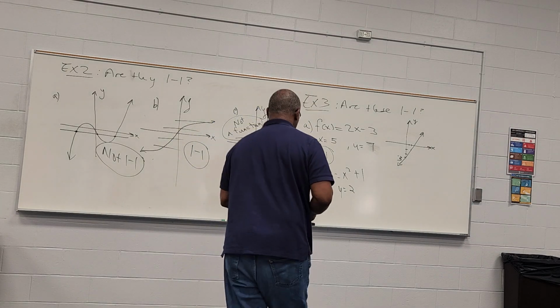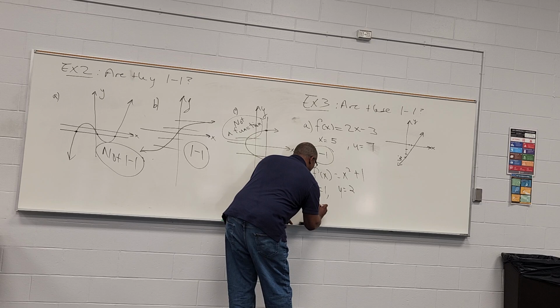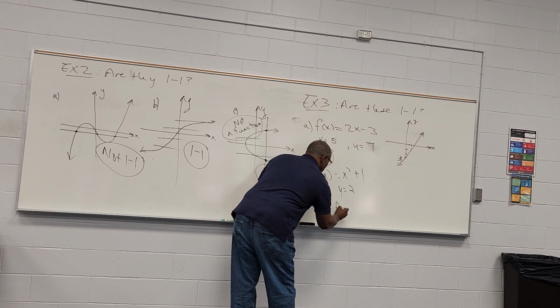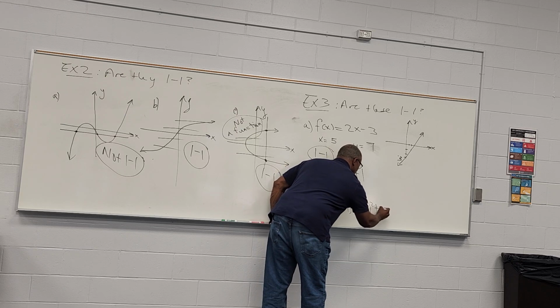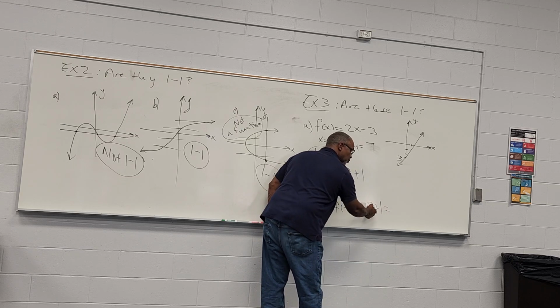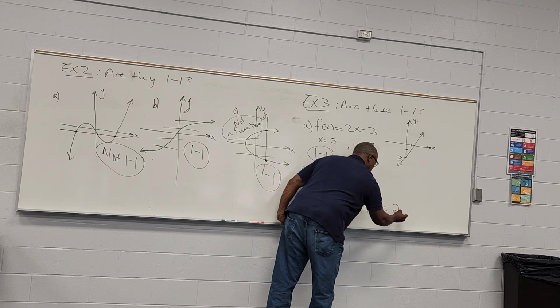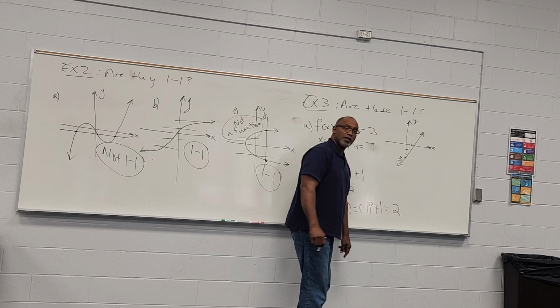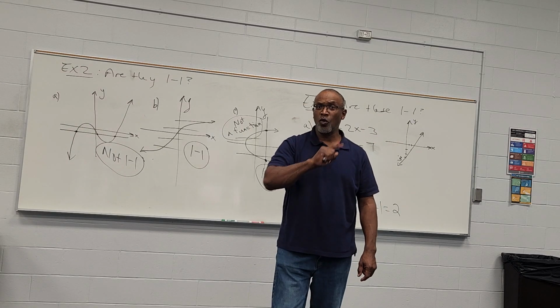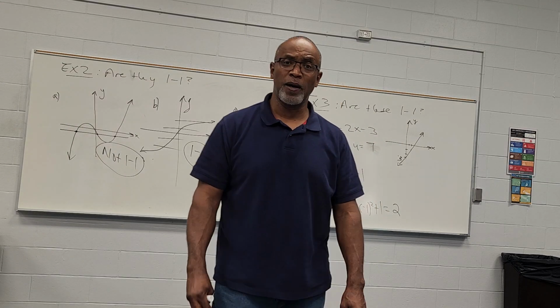Actually there is, when x equals negative 1. Plugging negative 1 in, I have negative 1 squared plus 1. Negative 1 squared is positive 1. 1 plus 1 makes 2. So when x is positive 1, I get 2, but when x is negative 1, I get 2 also.